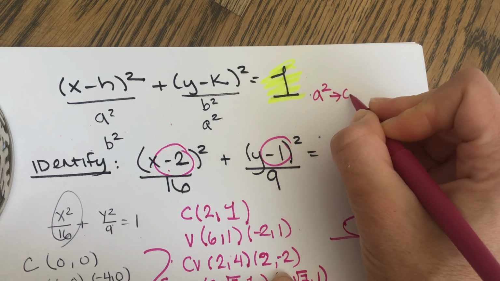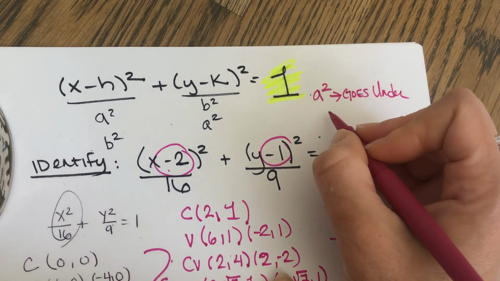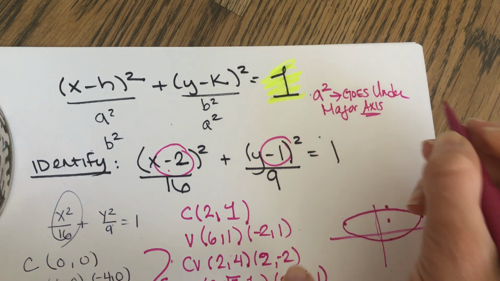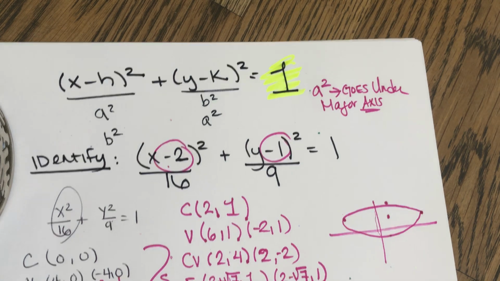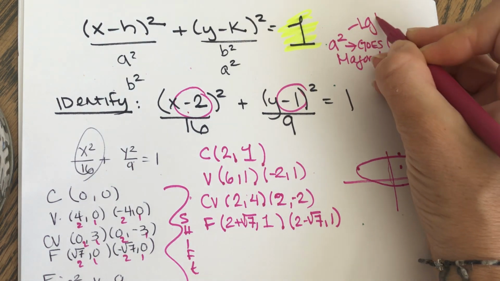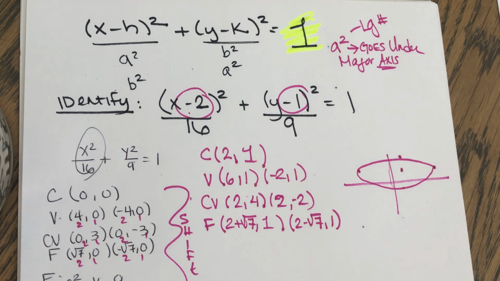A squared goes under the major axis. So it's the larger number. Jot things down for yourself. Help yourselves out. All right, I'm doing a lot for ellipse, but I guess ellipse is maybe the major one.